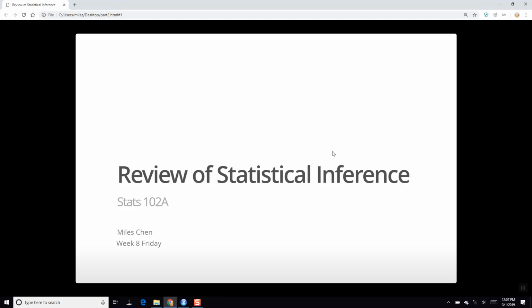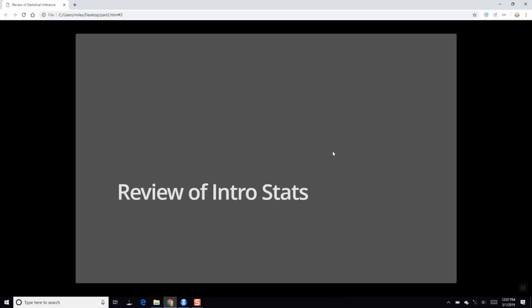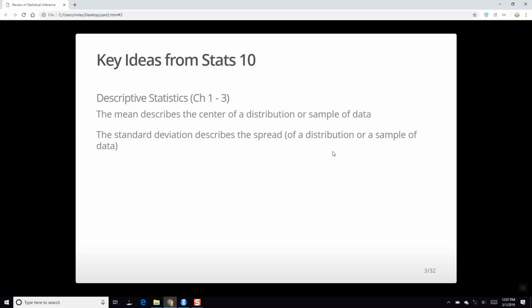So I think it's worth spending just a little bit of time in today's lecture to review some key ideas from Stats 10, and so that's what we'll do here. And these are some key ideas that will play into what we do in randomization testing and bootstrap testing. Okay, so some key ideas from Stats 10.